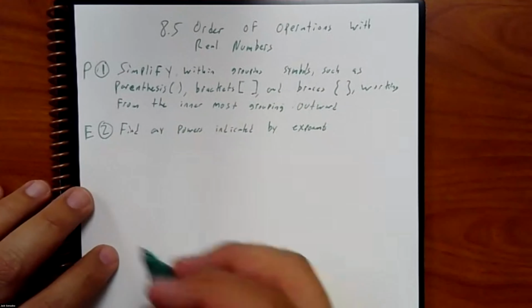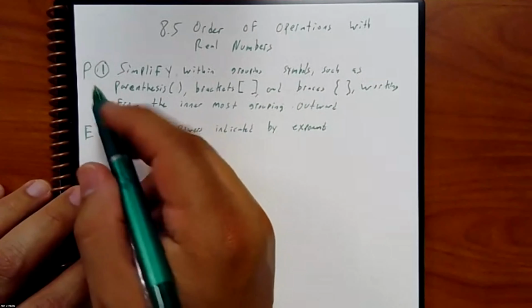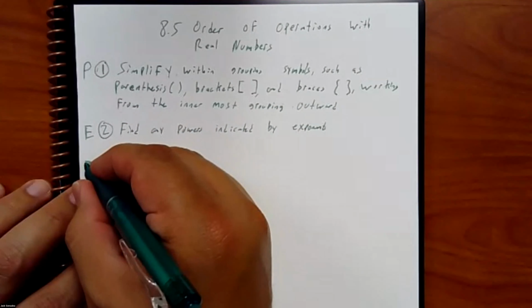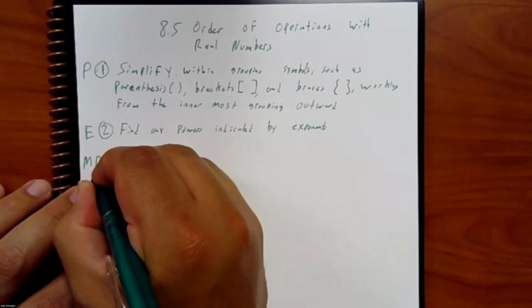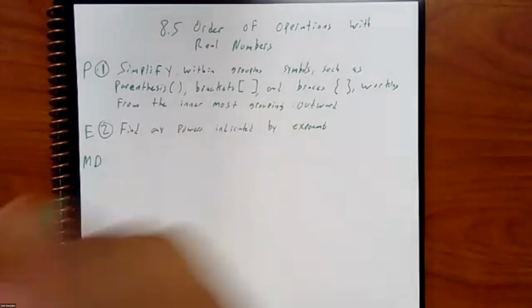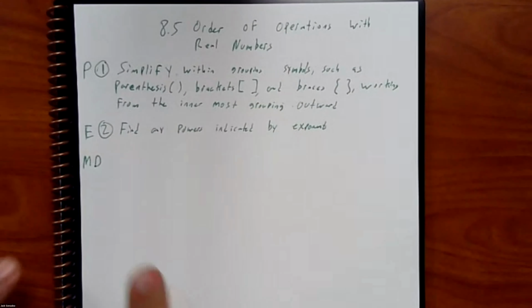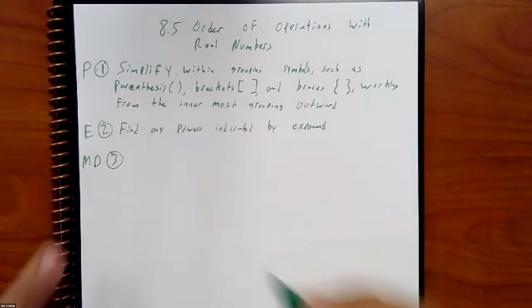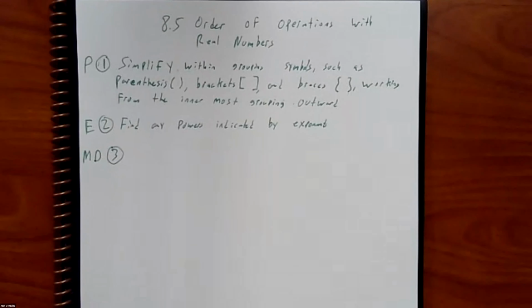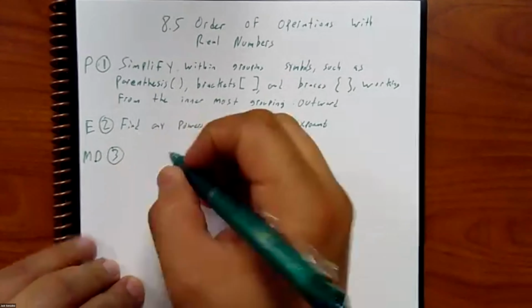MD, so please excuse my dear Aunt Sally, right? M and D technically have the same level of priority, just go left to right. The multiplication and division is the third category.